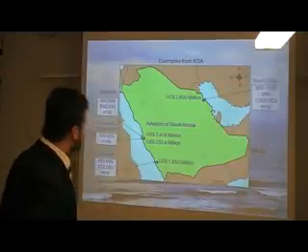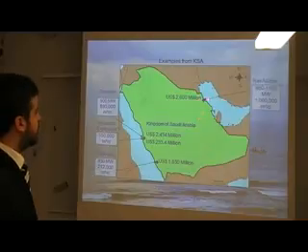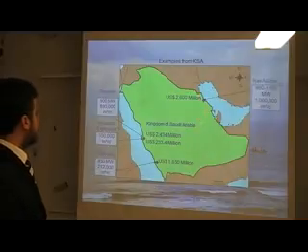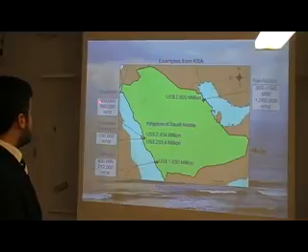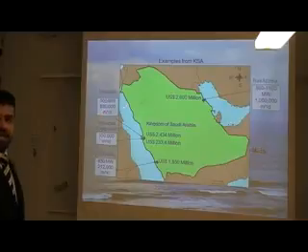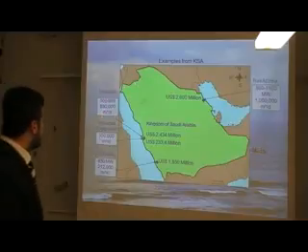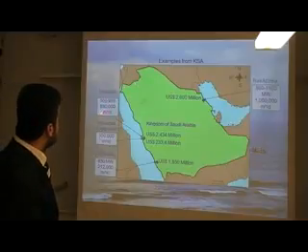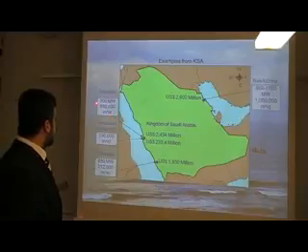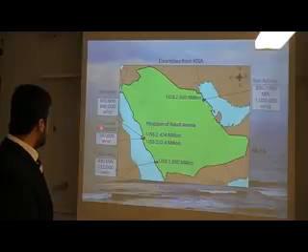Here are some examples from Saudi Arabia. This is the Gulf, here the Red Sea. You see some examples here, 900 megawatts, 880,000 cubic meters per day. This project here is one, and another is an expansion of this same project.